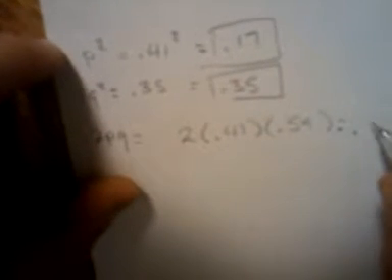So that's p squared. q squared was given, so 0.35. Then 2pq will be 2 times p, which is 0.41, times q, which is 0.59. So you do 2 times 0.41 times 0.59, which equals 0.48.